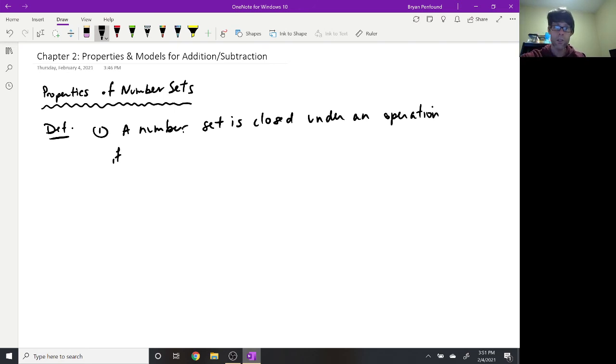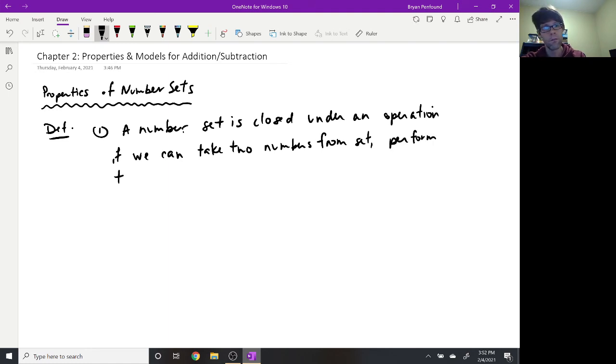A number set is closed under some given operation that we're talking about if we can take two numbers from the set, perform the operation on those numbers, and get a new result. So after I do this operation, I should get a new number. And what we want to do is check to see if the new number is also inside the original set.